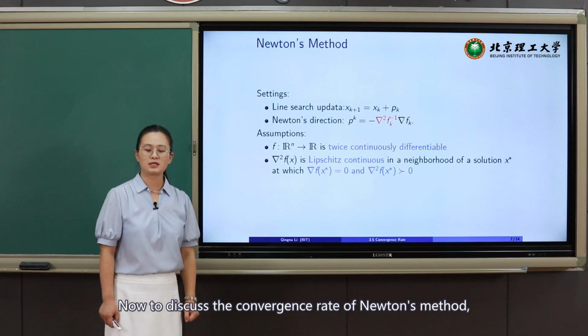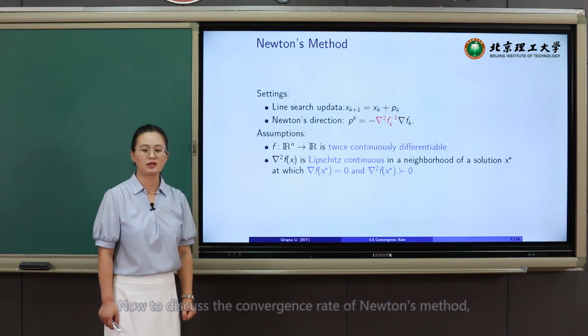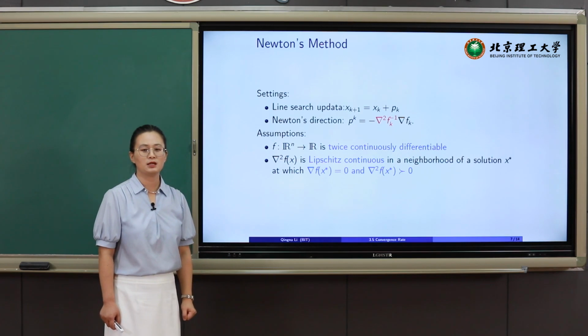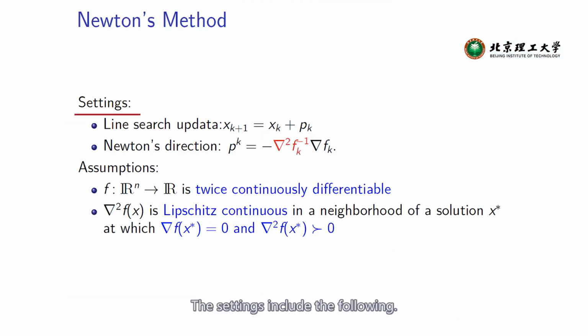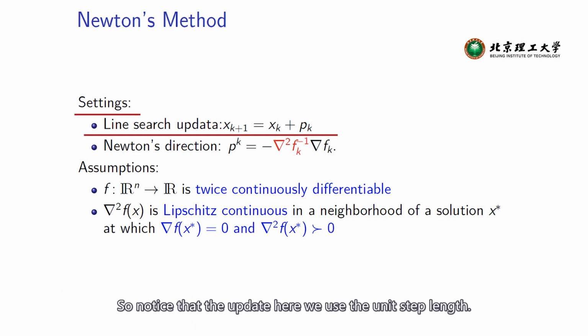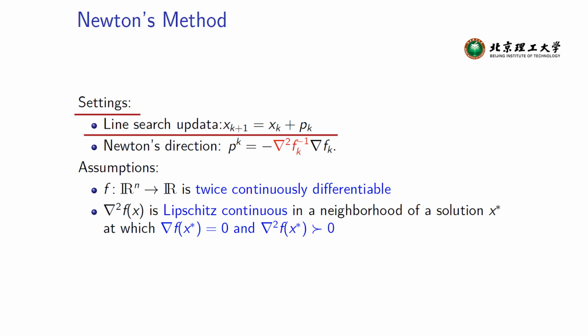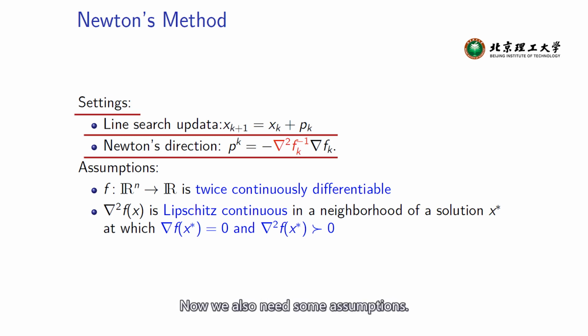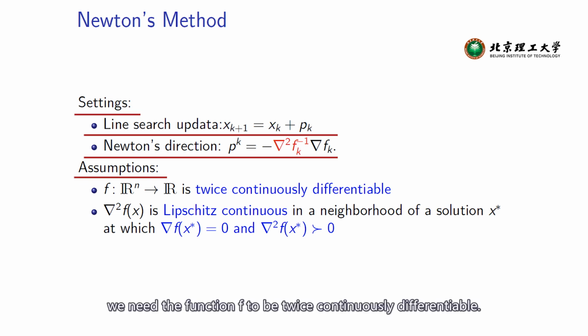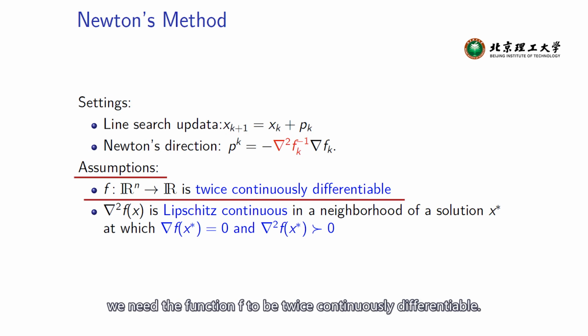This is an important property we will use later. Now, to discuss the convergence rate of Newton's method, we need some settings. We use the line search update. Notice that here we use the unit step length, and for the direction, as we mentioned before, we use Newton's direction. We also need some assumptions. For example, we need the function f to be twice continuously differentiable.